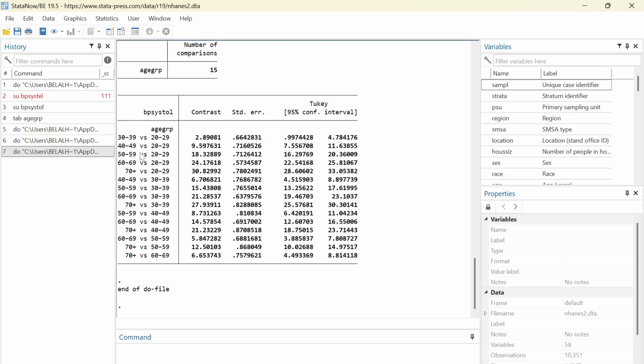And is this difference significant or not? That's what we can see from here. This is the Tukey 95% confidence interval. Let me simplify it. Among these two numbers, does this interval include 0? The answer is no, right?